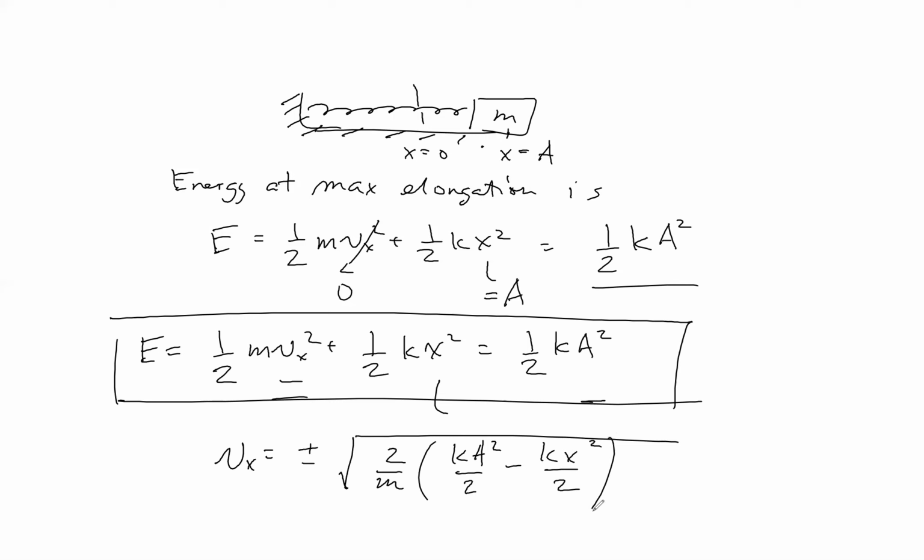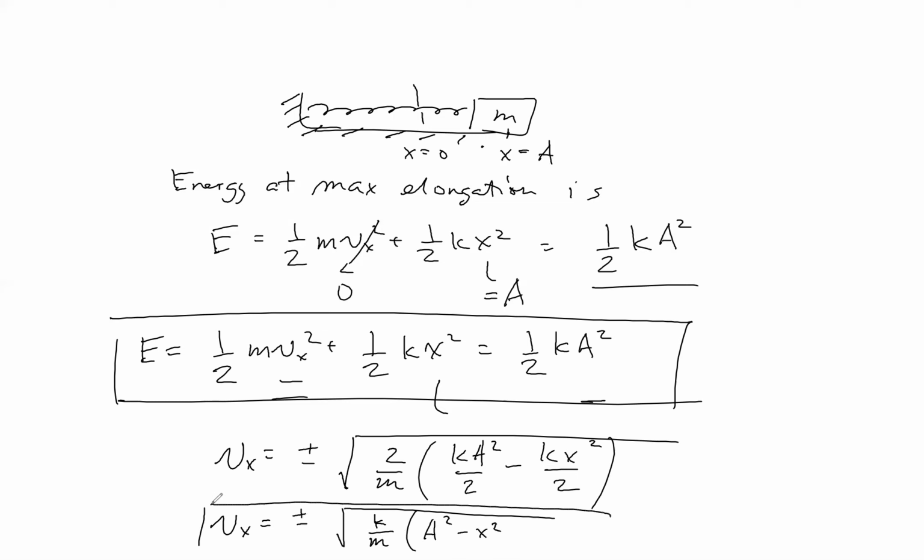Canceling out these two values, I'm going to write it right here, and I'm going to try and write this neatly. I sort of wrote myself into a little corner. Notice I have k terms in each one of those interior terms. So I'm going to have k over m. The 2's cancel out, and I'm left with A squared minus x squared.